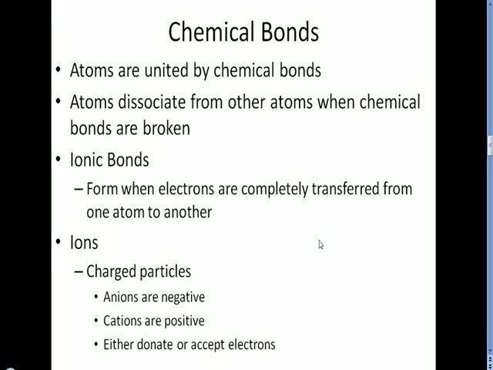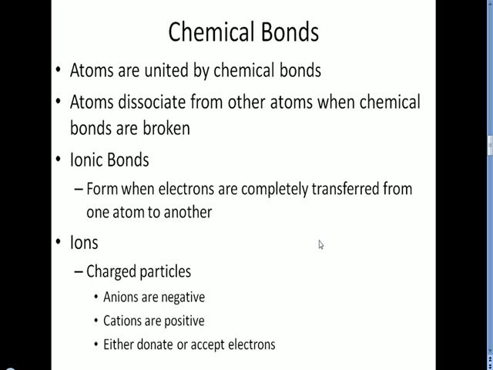If it stole an electron from another atom, now it's got an extra negative charge, so it's going to be negative, and we call that an anion. So we make ions. Ions are made by either giving away or stealing electrons, and when they give away or steal an electron, it makes them charged either positively or negatively. Those positive and negative charges are attracted to each other, and those attractions form ionic bonds.